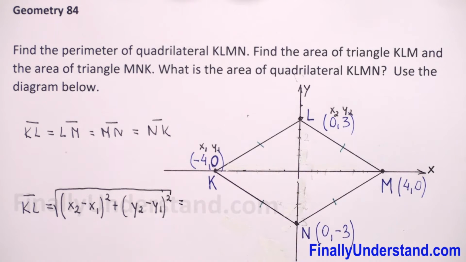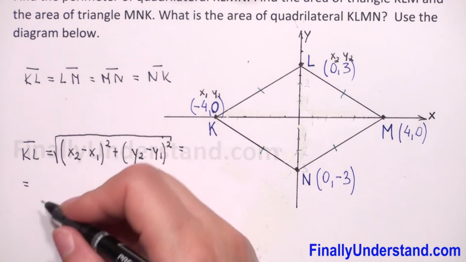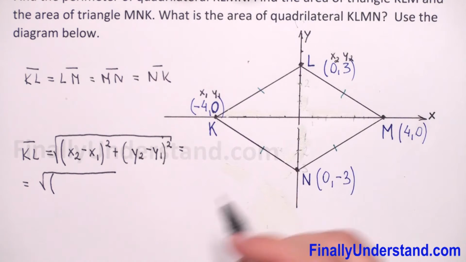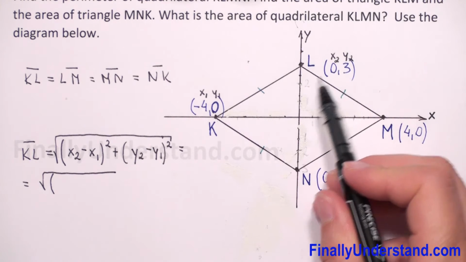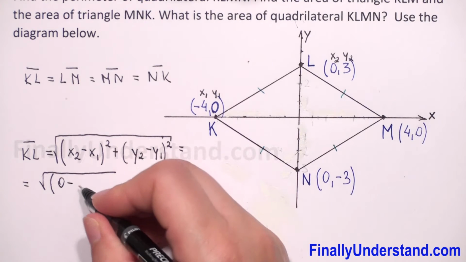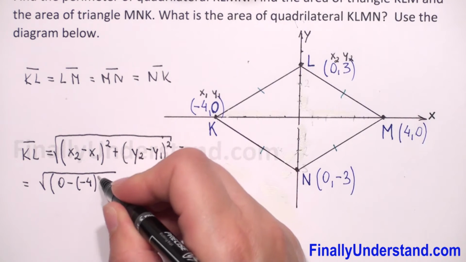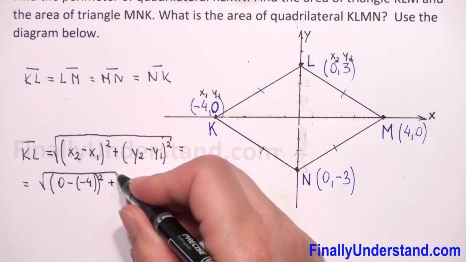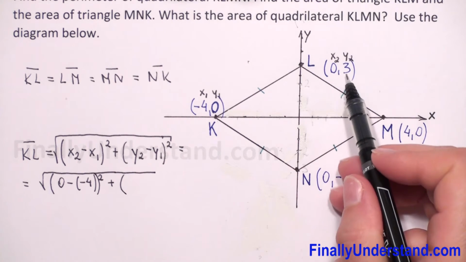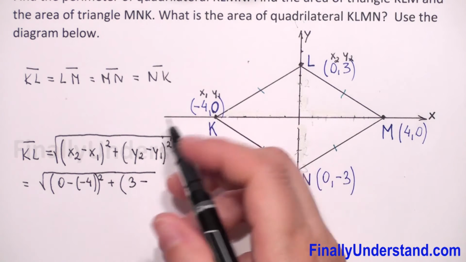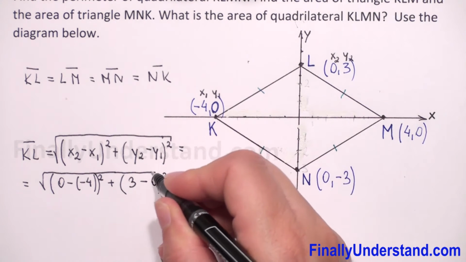So this is equal to the square root of x2, which is 0, minus negative 4 to the second power, close parenthesis, plus y2, which is 3, minus y1, which is 0, to the second power.